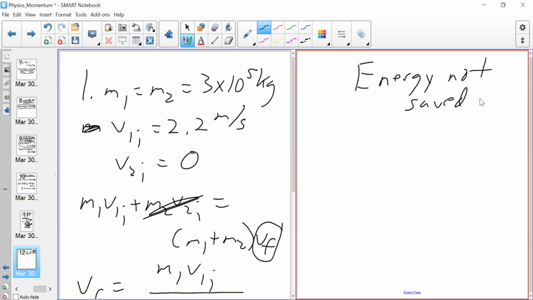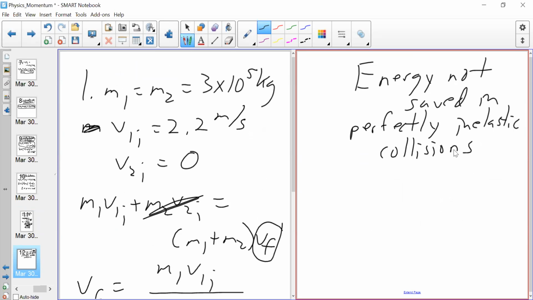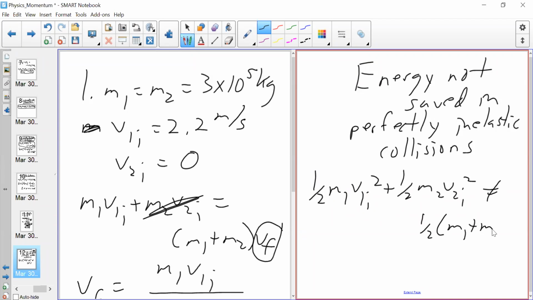Energy is not saved in perfectly inelastic collisions. So that means that our kinetic energy term right here should not be the same as the final.